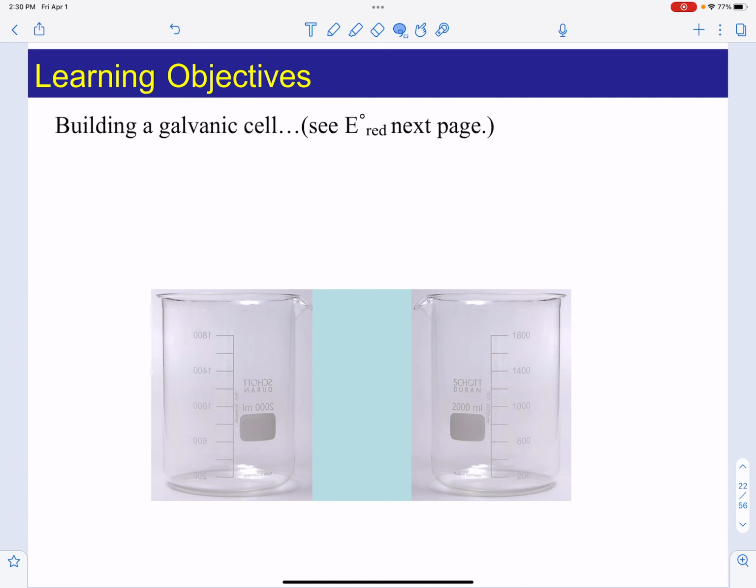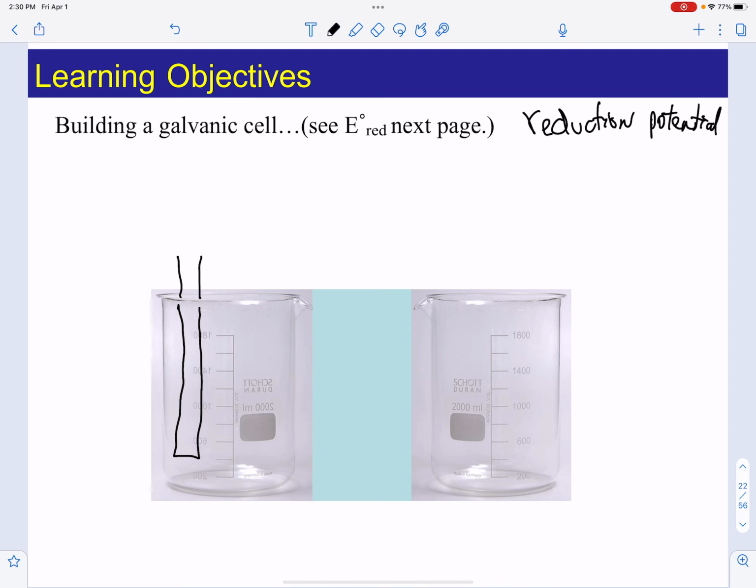So I'm going to introduce now another term that is called reduction potential. And this story began because we had a bar of copper on one side and a bar of zinc on the other side.